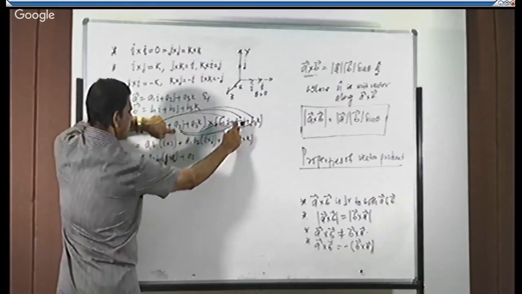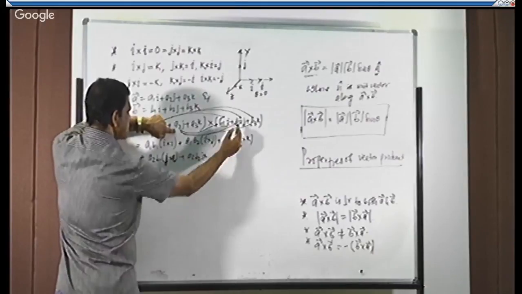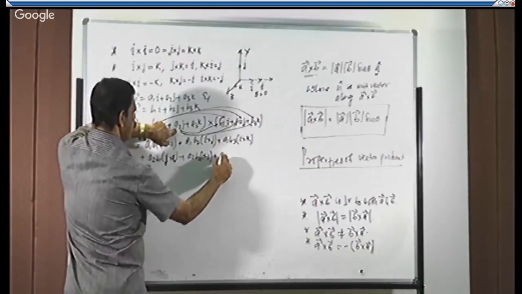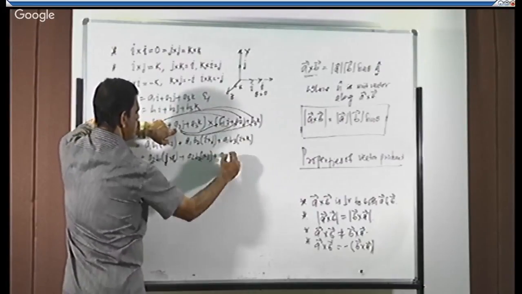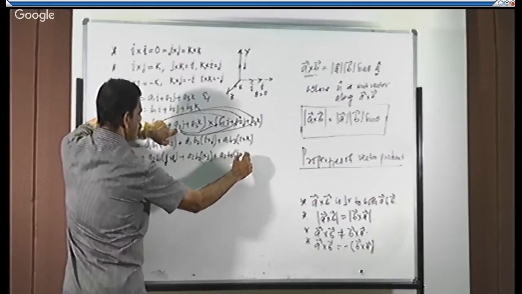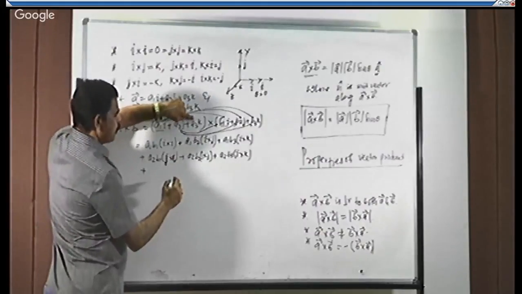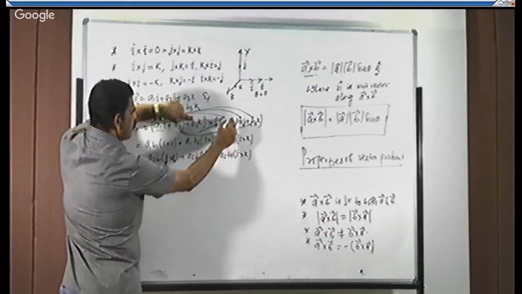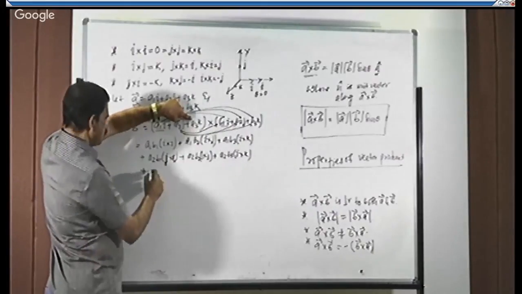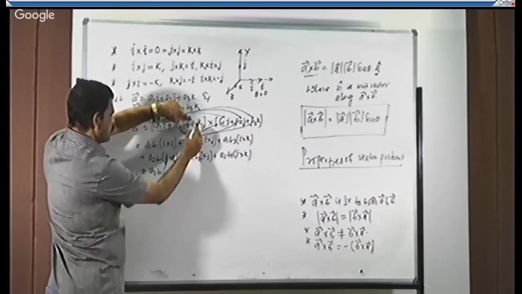A2 multiplied with this term, A2 into B2, J cross what? J cross J, plus A2 into B3 into what? J cross K, plus the third term is multiplied with all three terms in the next bracket. That is A3 into B1 into what?